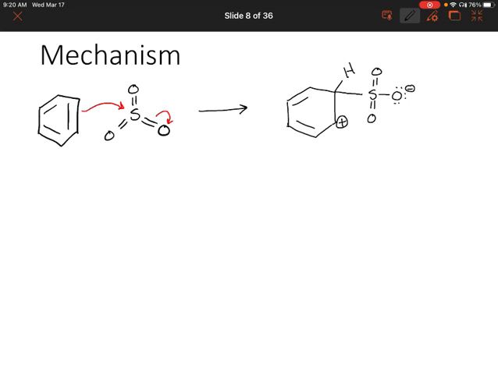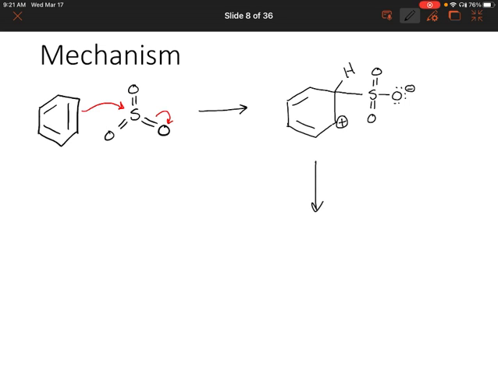But notice one of the oxygens is negatively charged, so that will come into play a little later. Now, remember in our general mechanism for electrophilic aromatic substitution reactions, we need a base to take that proton at the top of the ring so we can reform our 3 pi bonds.